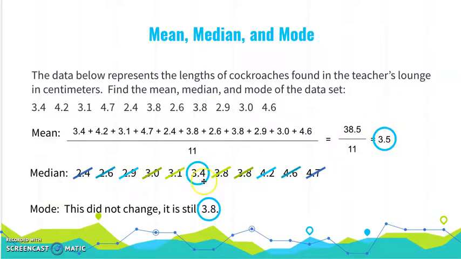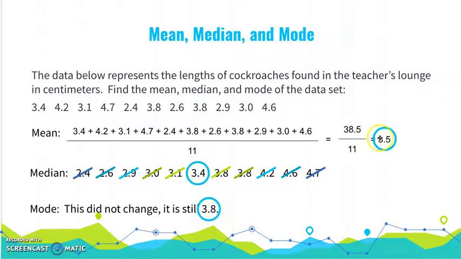The median, now 3.4 is the actual median, and before it was the average of these 2 numbers, which would be 3.6, and that has decreased. So the median has decreased just slightly versus the mean has decreased drastically. And the mode did not change, it's still 3.8, which hopefully makes common sense to you because mode is the number that occurs the most, while an outlier is something that stands out and is different from the rest.